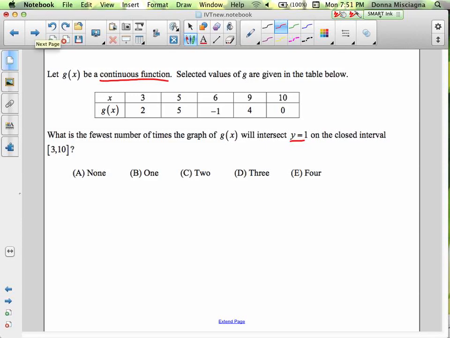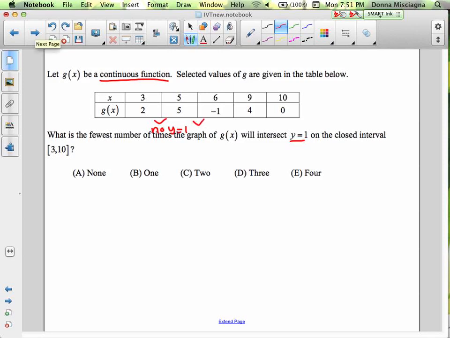All right, so let's see. Between 2 and 5. All right, so well, x is 3 and 5, but the value of the function is 2 and 5. There's no 1, right? We did not cross 1. I'll actually put in no y equals 1. I almost made this a question for you. I decided I'd make it a question for us. All right, so there's no y equals 1.